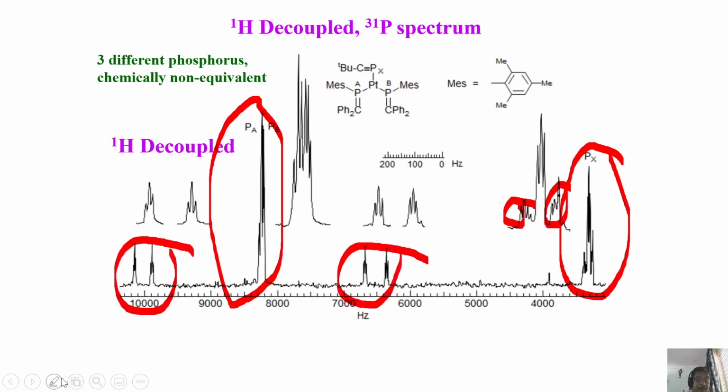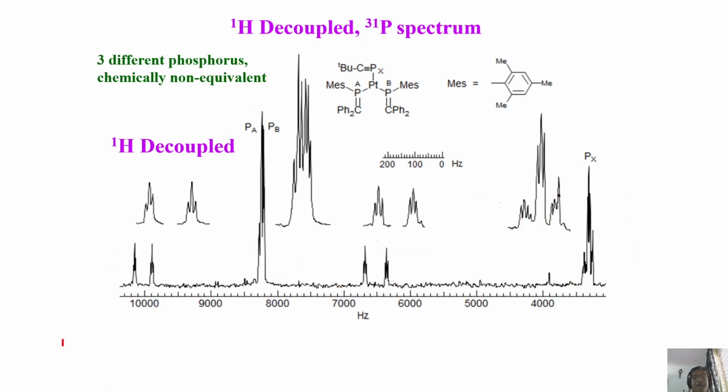What are they? These are all coupling of phosphorus with platinum. It couples to platinum. Platinum abundance is small. Then what do you get? Satellites. You are going to get satellites for this peak here. This is phosphorus platinum coupling.